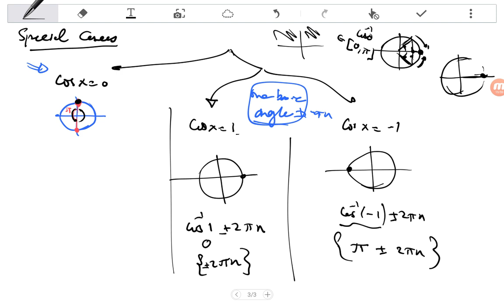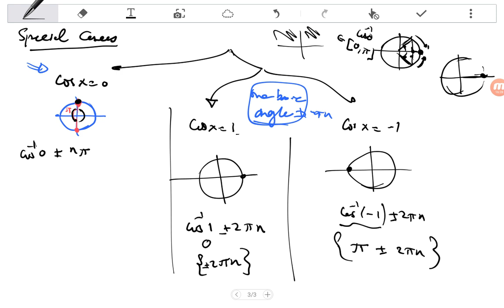So originally we had two basic angles, but for this case we may describe them in only one description, which is cosine inverse 0, and instead of adding multiples of 2 pi, we'll just add multiples of pi.